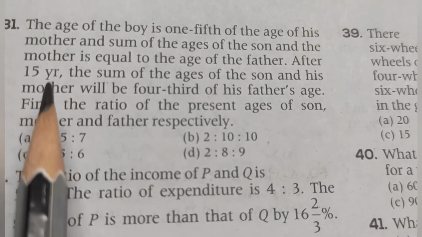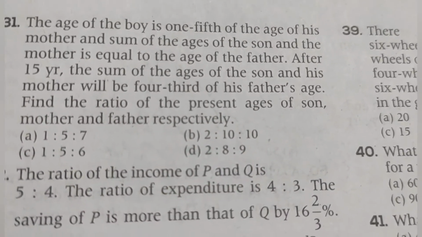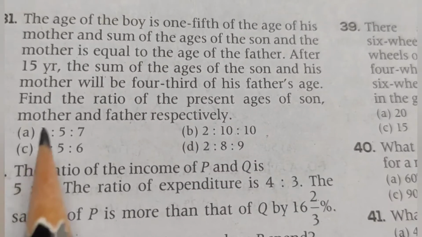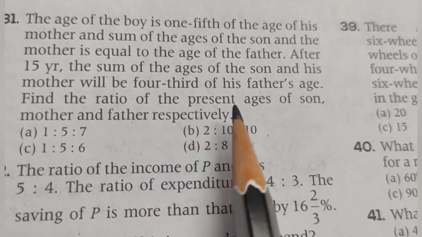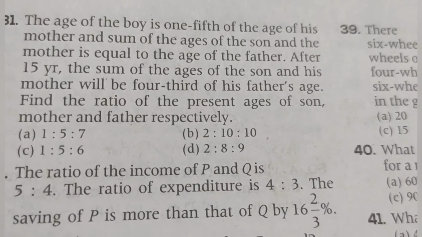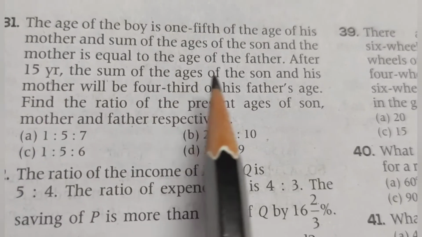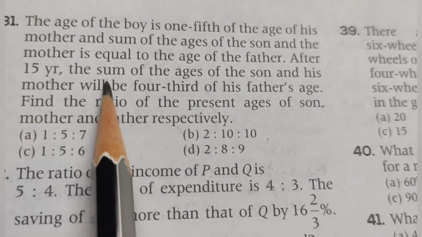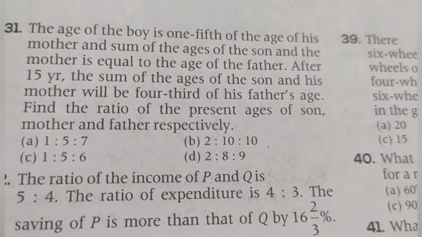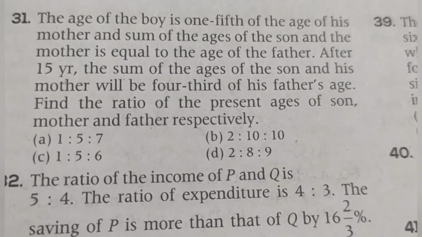After 15 years, the sum of the ages of son and his mother will be 4/3 of his father's age. Find the ratio of the present ages of son, mother and father respectively. After 15 years, note this point, sum of the ages of son and mother will be 4/3 of his father's age. Okay. Now we need to find the ratio of their present ages.